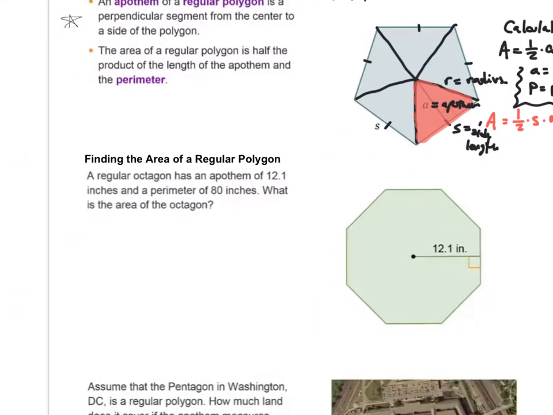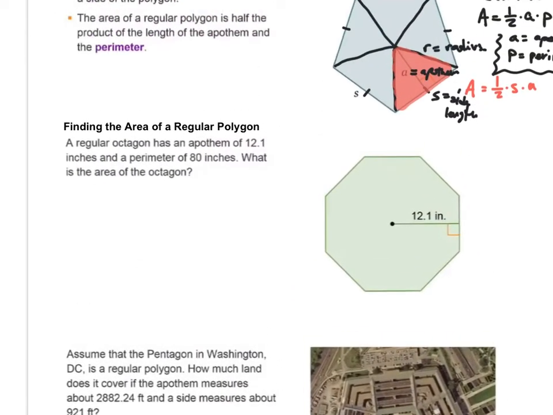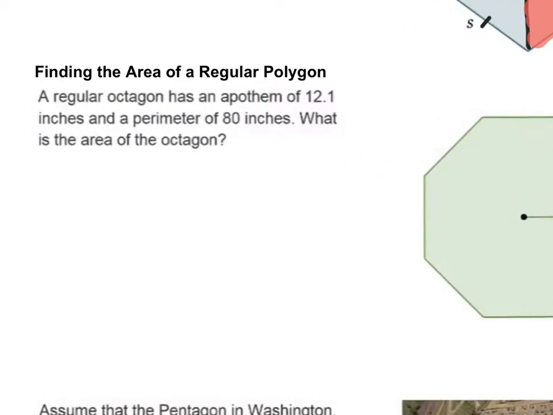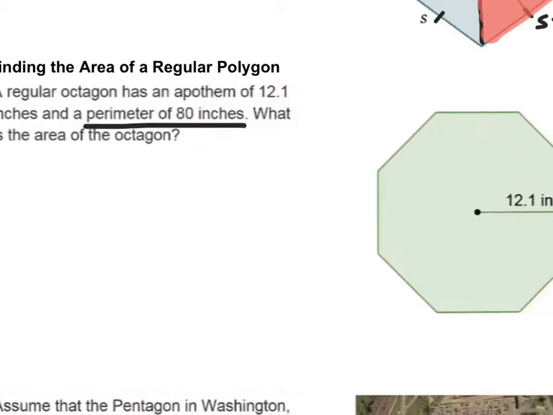So here we go. Let's find the area of this regular polygon. We know that the apothem is 12.1 inches, and it's given to us both here and in the picture. It also tells us that the perimeter is 80 inches. We want to know the area of this octagon.